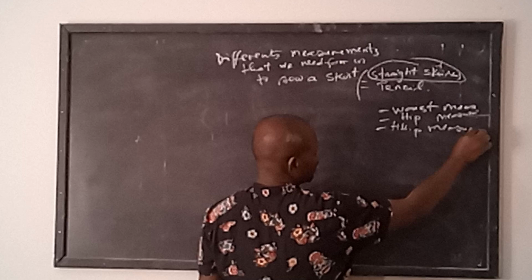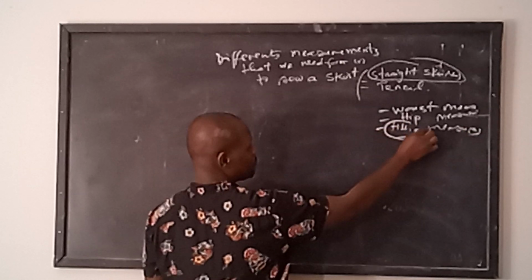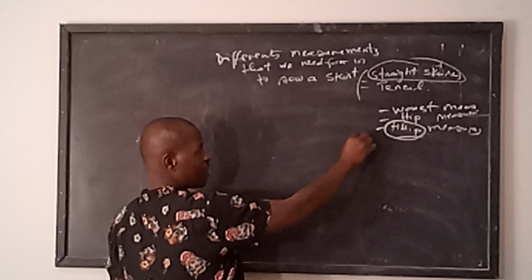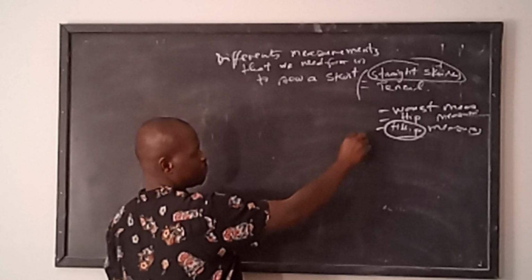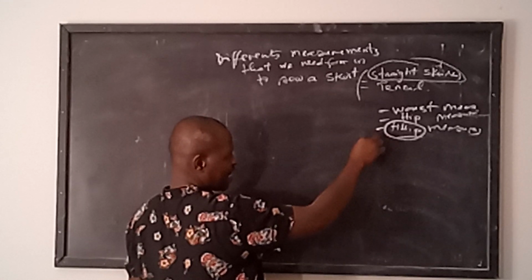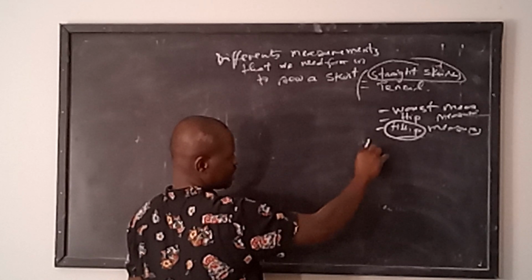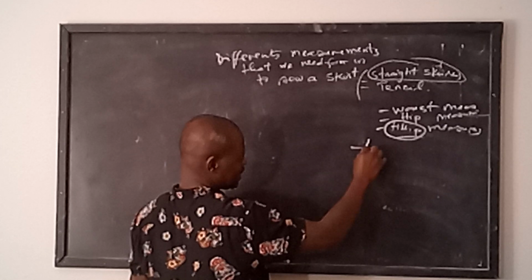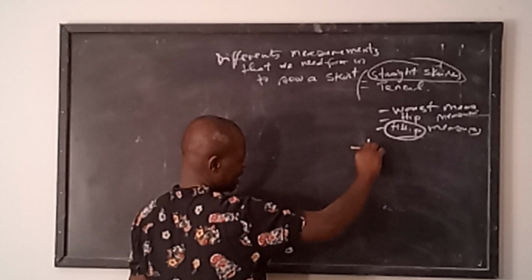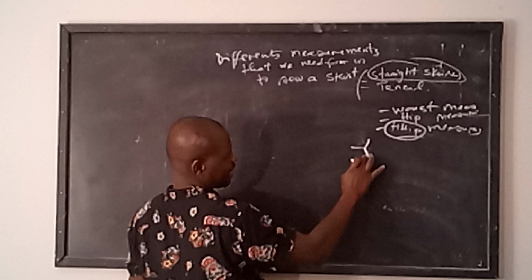But in my experience, the high hip is difficult when you start drafting your skirt. If I make a kind of drawing here of the skirt, from the waist, the high hip, and then the hip, we'll see that there are different levels.